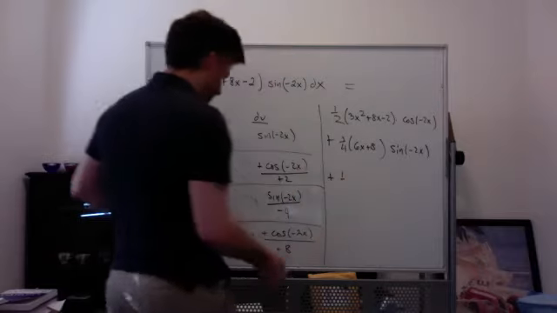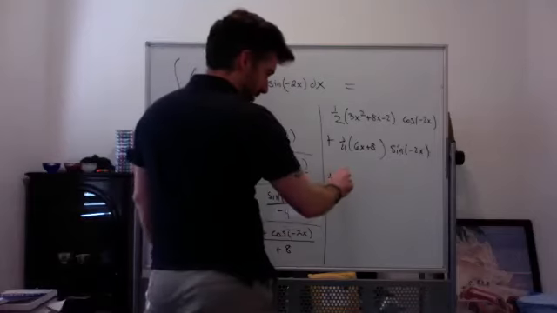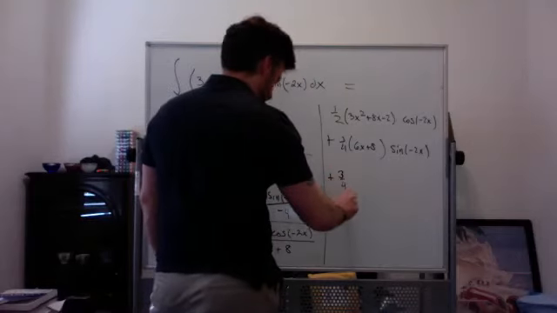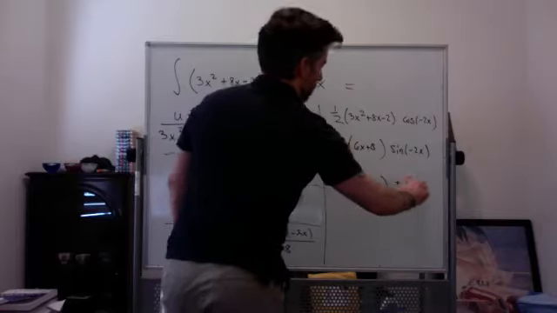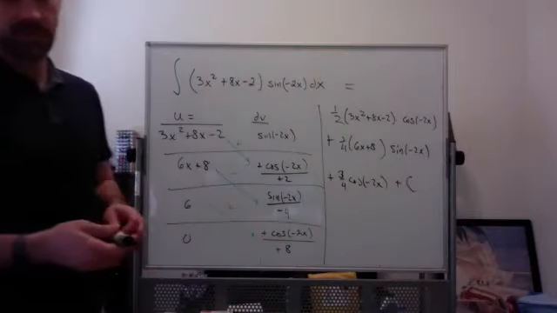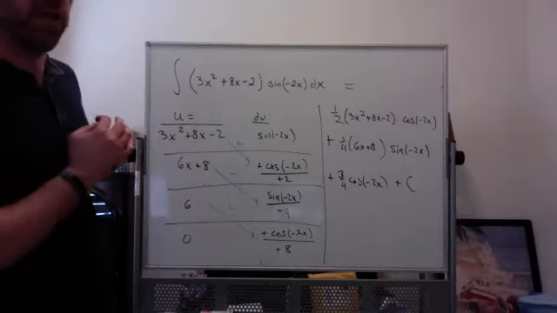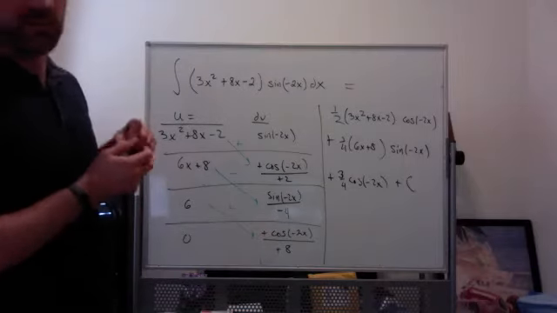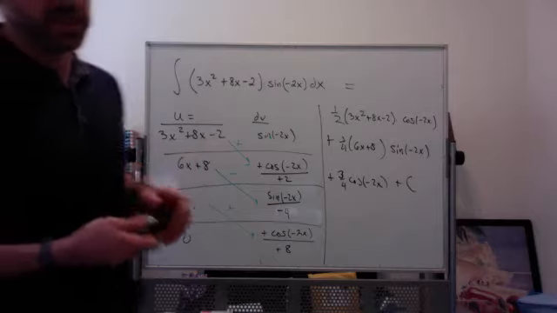So here, 1/8 times 6 is going to be 3/4. So I would write it as either 6/8 or 3/4 cosine of negative 2x. So that's kind of the most extreme version of a tabular method question. Again, not too awful, but it does get a little bit messy.